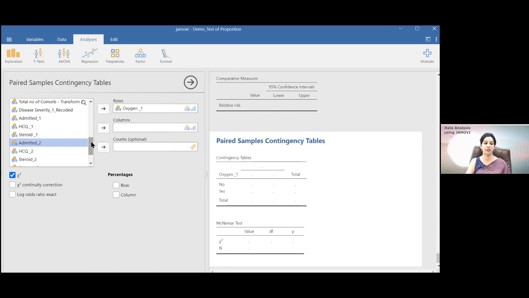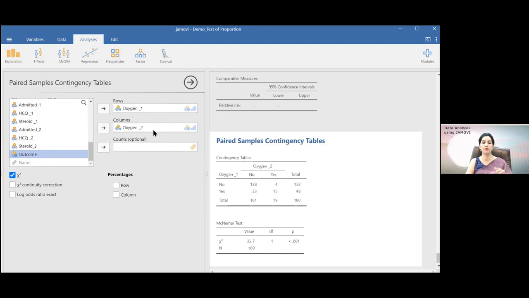They are the paired values. So I have taken oxygen 1 at the time of admission and oxygen 2 at just before the outcome. And then this chi-square, because the chi-square test is there in this case. And then there is nothing more. In this case, you don't need to click on these percentages, because then it will complicate the analysis.